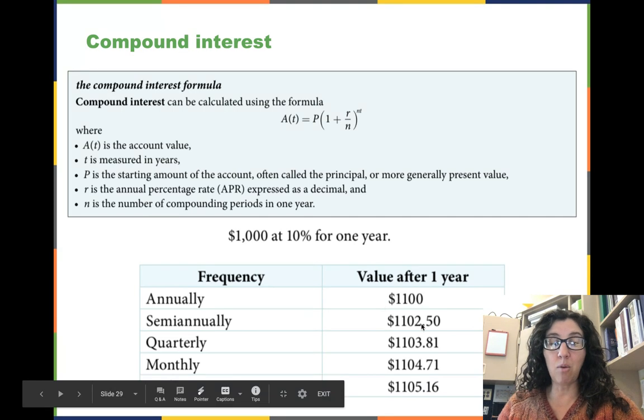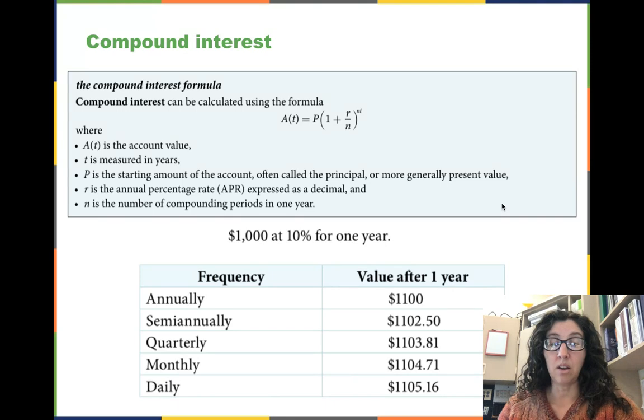You'd have a little bit more. What about if they did it quarterly? You'd have even more. Monthly, more. And daily, you'd have $5.16 extra compared to if they did it annually. It's not like a ton, but still free money. So the more often that something compounds, so N getting bigger, gives you a bigger value out here.